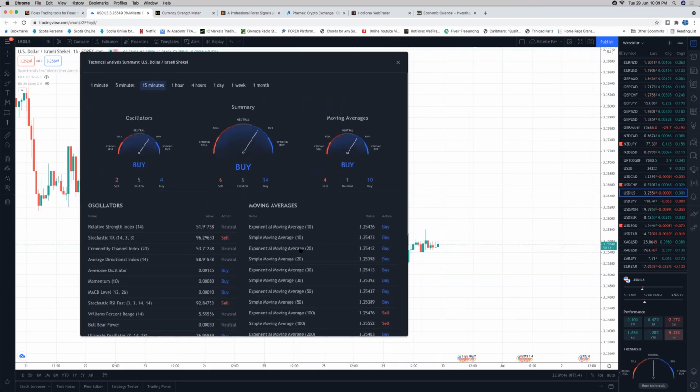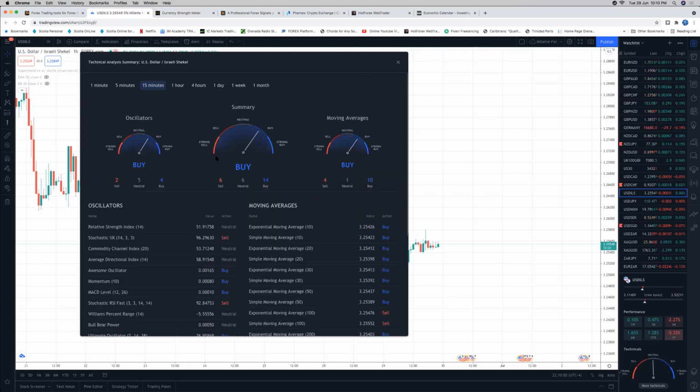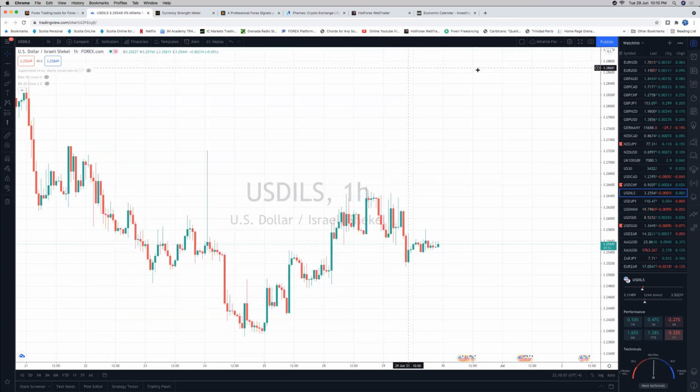So it's more technical. Apart from those other indicators that it summarizes here, we have all these other things that are taken into account to give us this general summary. So that's where it is.